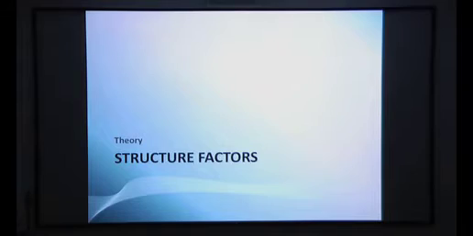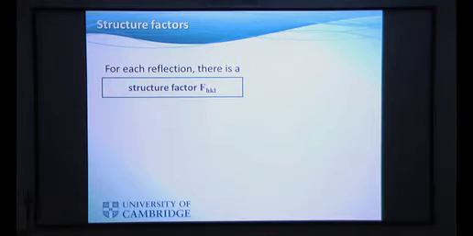First, some theory. First thing, structure factors. By now, you should have heard about structure factors. If you have no idea what I'm talking about, here's a short explanation. For each reflection, there is a structure factor, F_HKL. HKL is the index of the reflection, and F is the structure factor.